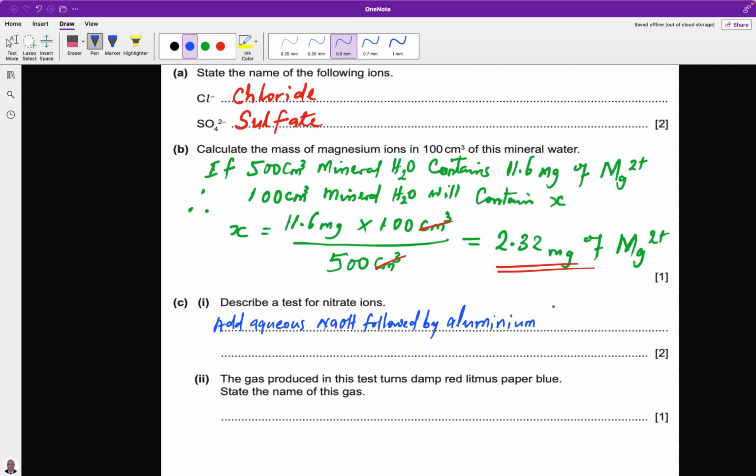Usually this is aluminum foil. You can say aluminum foil, and warm gently.